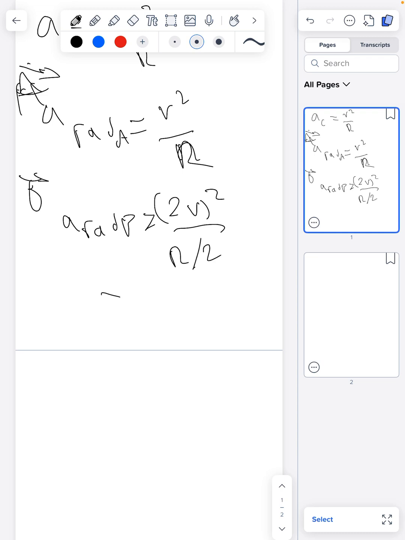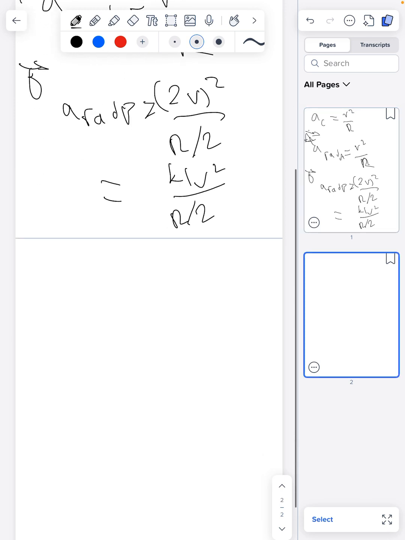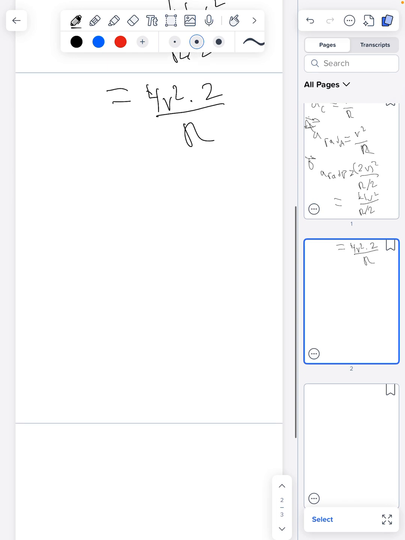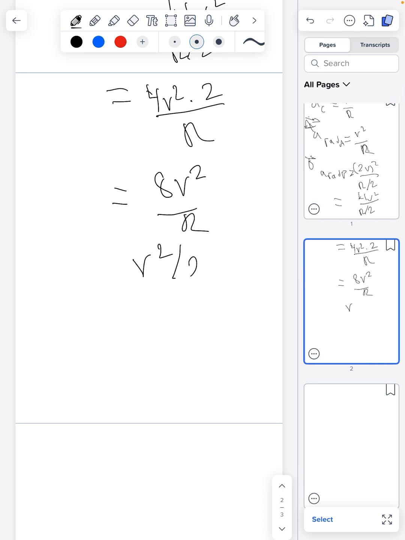For B, the acceleration equals 4v squared over r over 2, that equals 4v squared times 2 over r, which equals 8v squared over r.